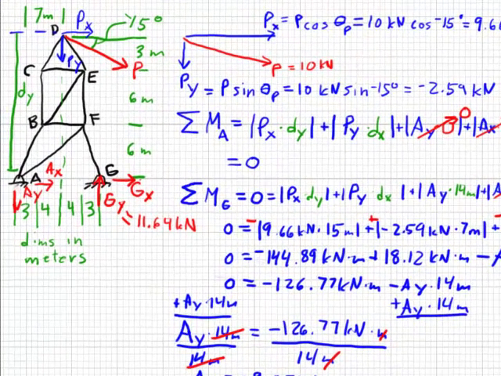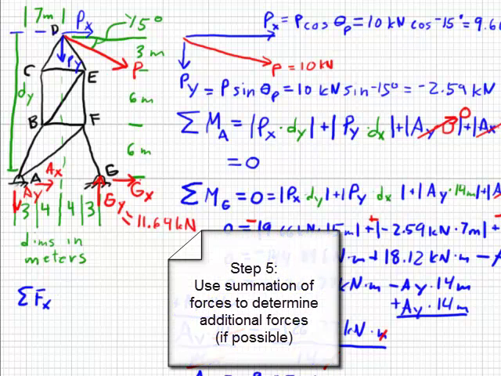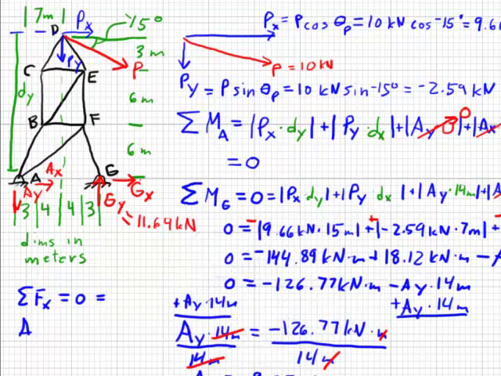If I go on to add up the forces in the x direction, and they must equal 0, I have Ax plus Gx plus Px.